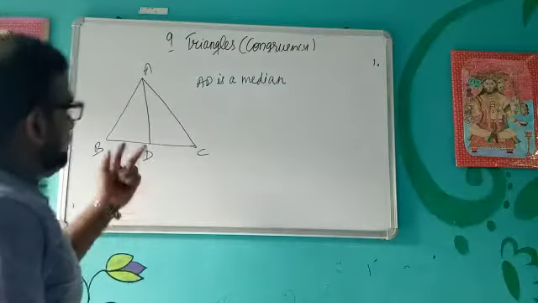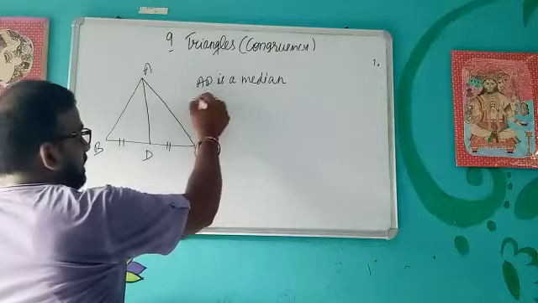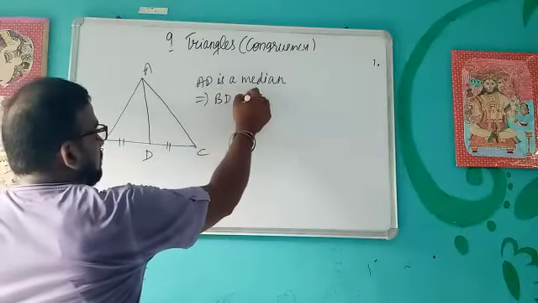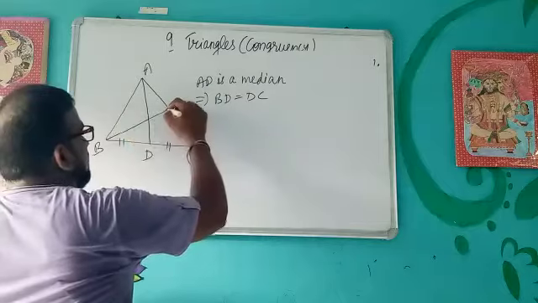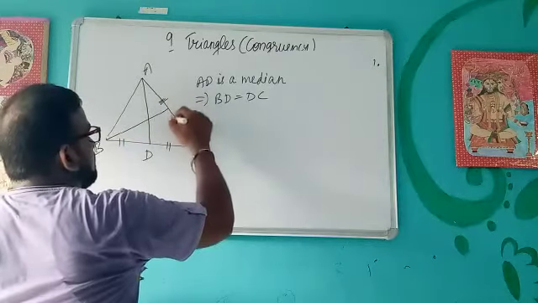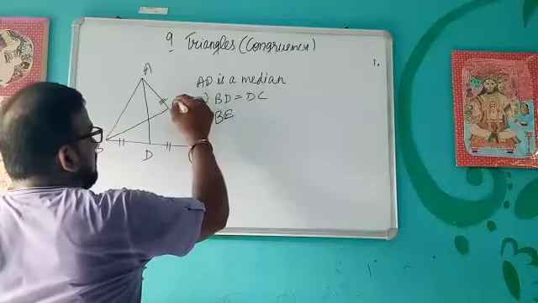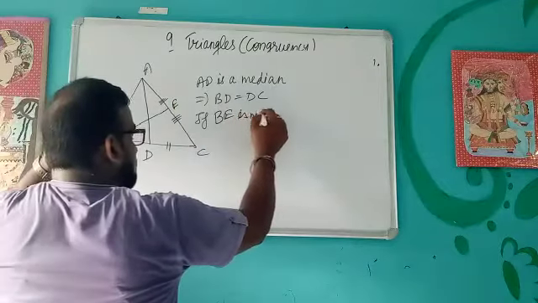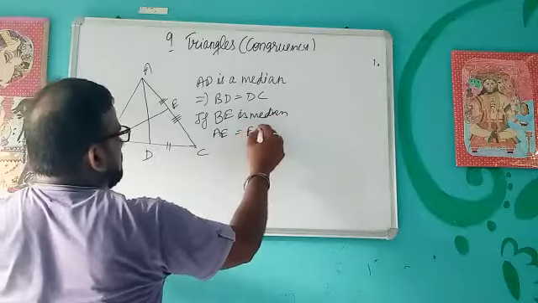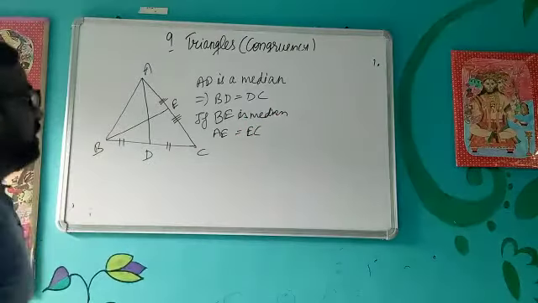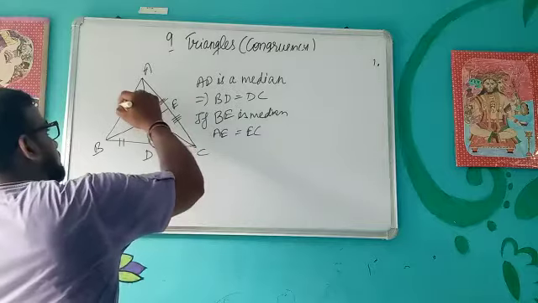A median is a line segment which divides the opposite side into two equal parts. That means BD is equal to DC. Suppose you draw BE as a median. If BE is a median, then AE will be equal to EC. Okay, and suppose you draw one more median, CF.